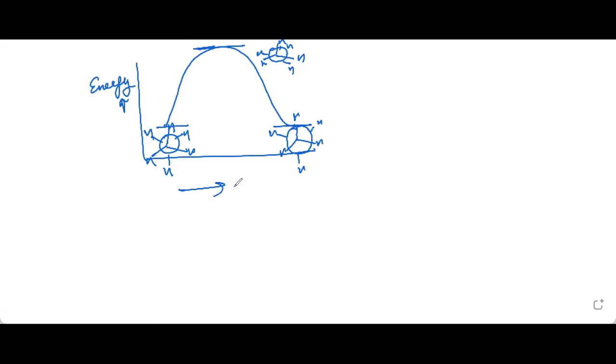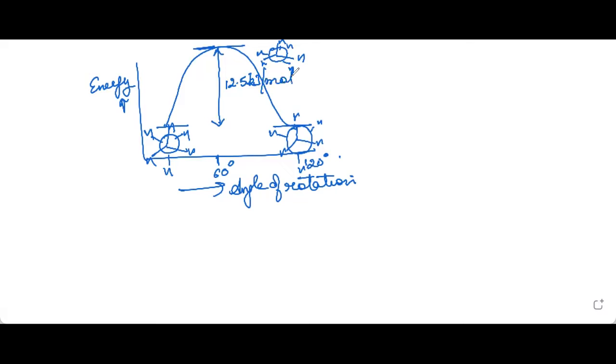So on this side, it is angle of rotation. Here it is 60 degree. Here again we have rotated it at 60 degrees. So here it will be 120 degree. All right. Now, if you need to tell what is the energy barrier in case of rotation across the carbon-carbon single bond for ethane, it is 12.5 kilojoule per mole.